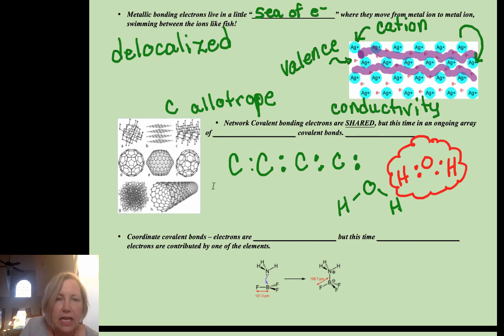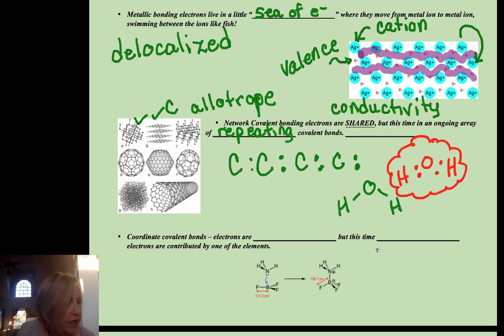This is graphite, this is diamond, we have all sorts of fullerenes, and they're very, very strong. So we have an ongoing array of repeating covalent bonds rather than a specific number of covalent bonds.